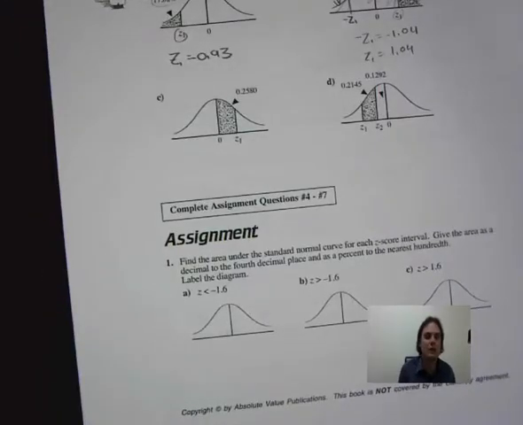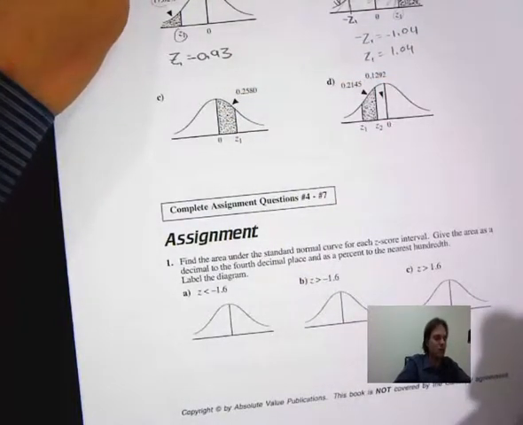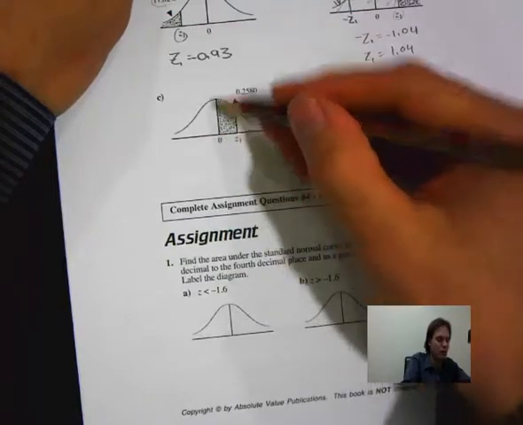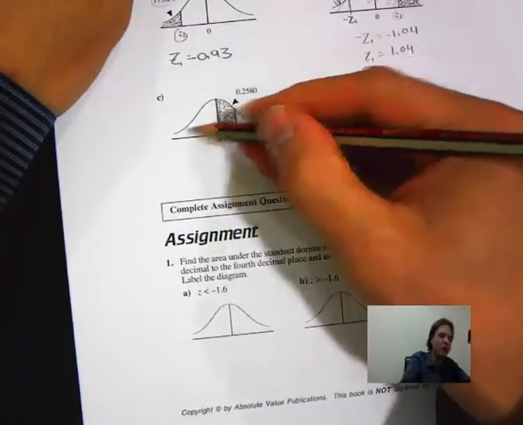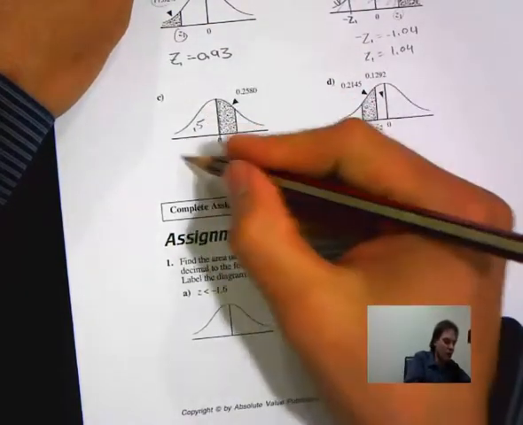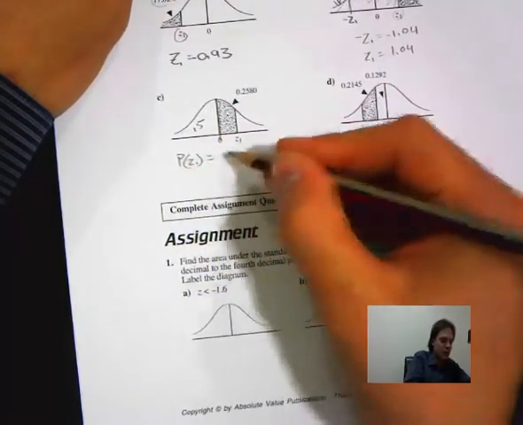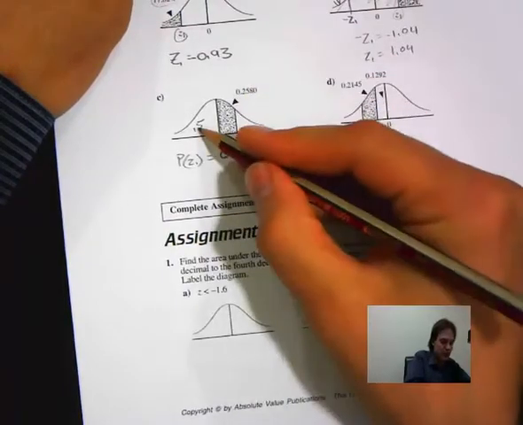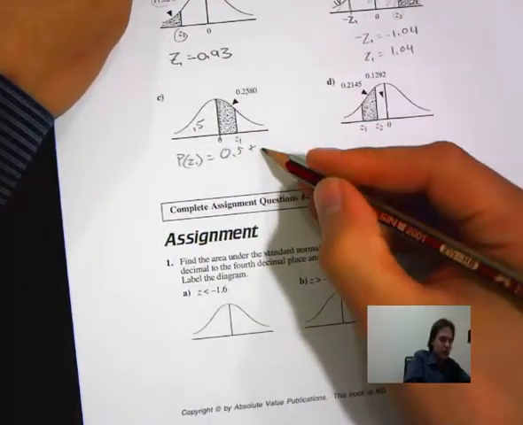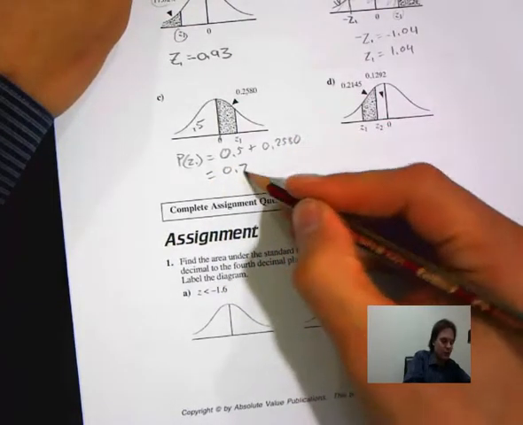All right? Now here is the second last one. We're going to look at C. Now, it says all of this here is 0.285. That's interesting. All of this here is 0.285, and that's all the way to the mean. Well, what is the other side of the mean? The other side of the mean is 0.5. So altogether, the probability of Z1 is equal to 0.5 plus 0.2580, which gives me 0.7580.